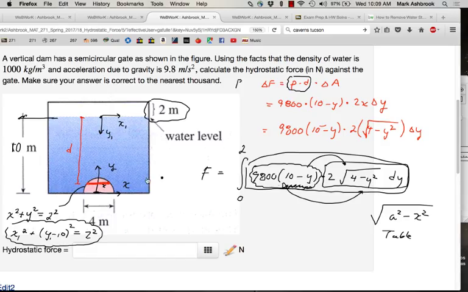And then the bounds of integration are the y values for each strip. So my first strip is going to be at y equals 0. And so when y equals 0, look, the depth is what? 10. So when y equals 0, this is going to be the force on the strip whose depth is 10, meaning there's 10 feet of water on it. You see?